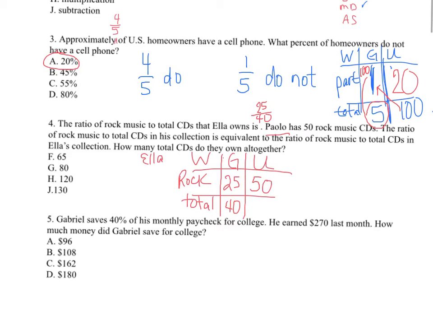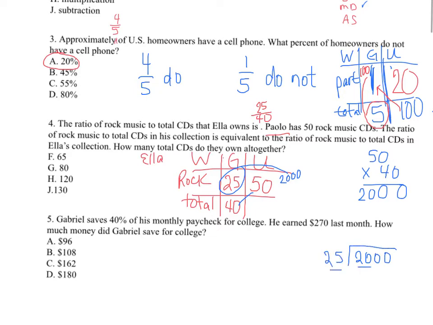Now you can cross multiply. Okay, you get 2,000. And what do we do after we cross multiply? We divide by the number that has not been used yet. 25 goes into 200 8 times.